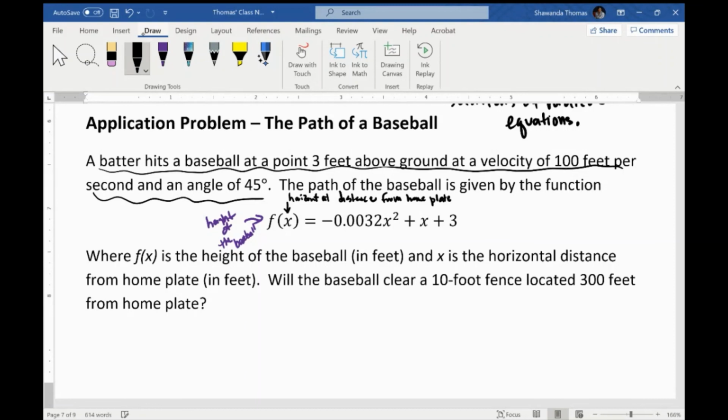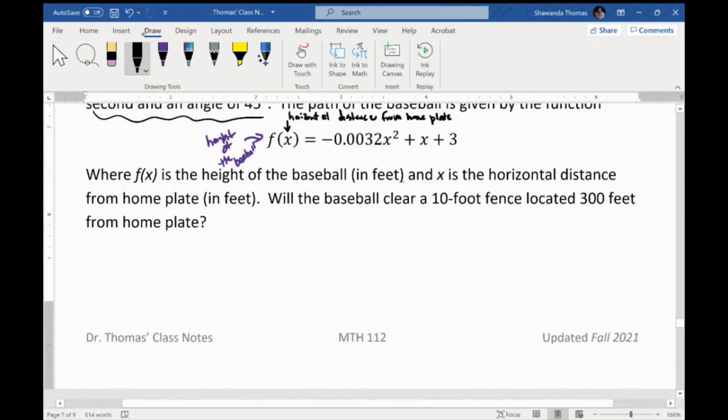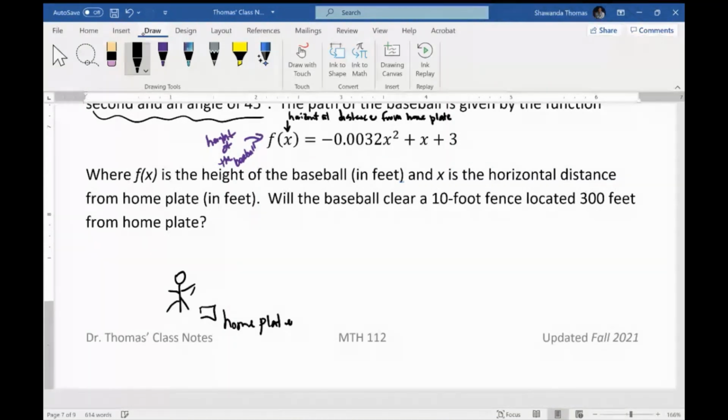The question is, will the baseball clear a 10-foot fence located 300 feet from home plate? Let's just say this is home plate. You're the baseball player, and the ball is going to go in this direction.